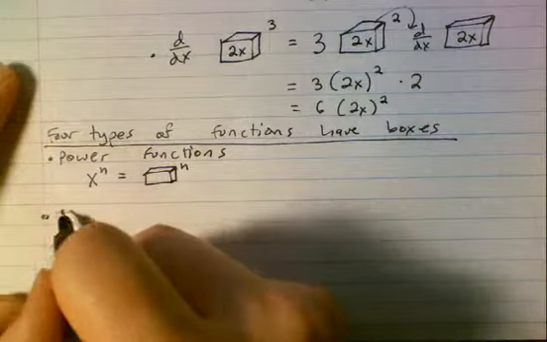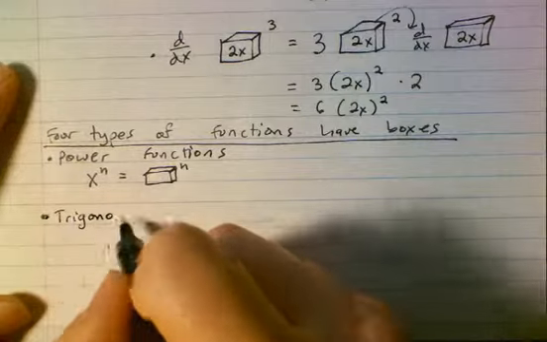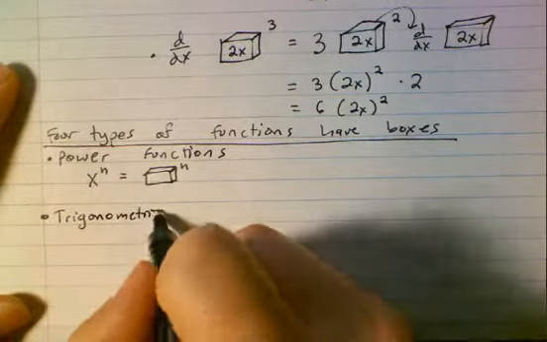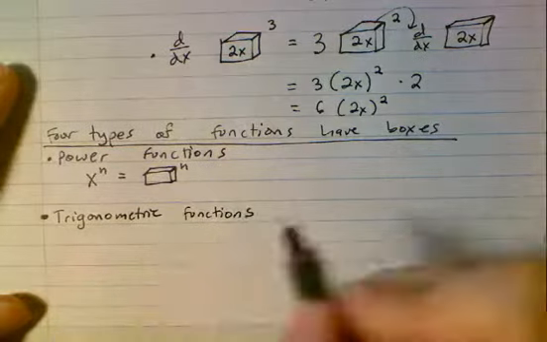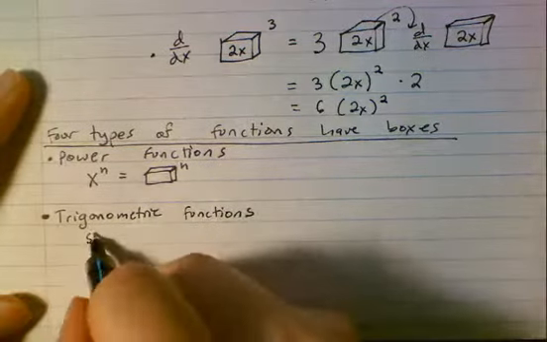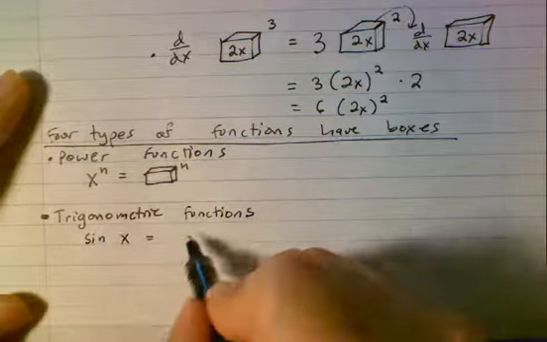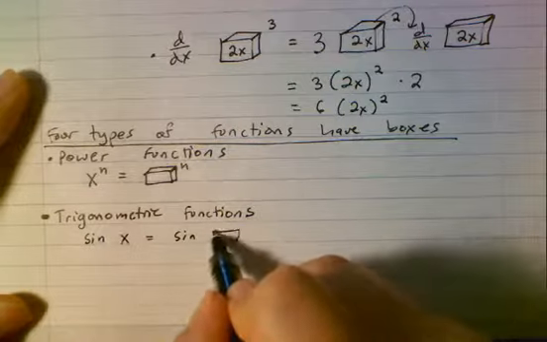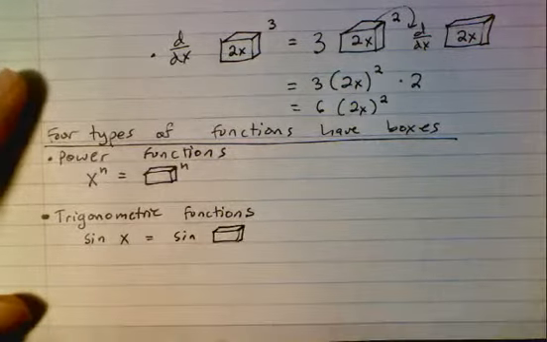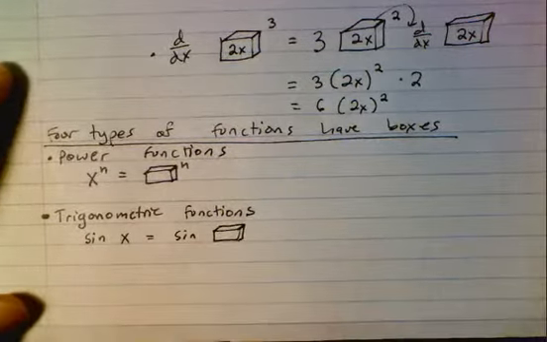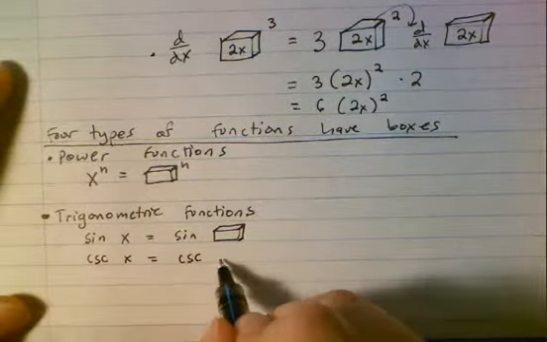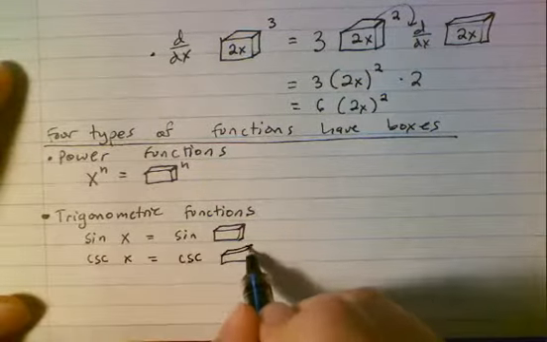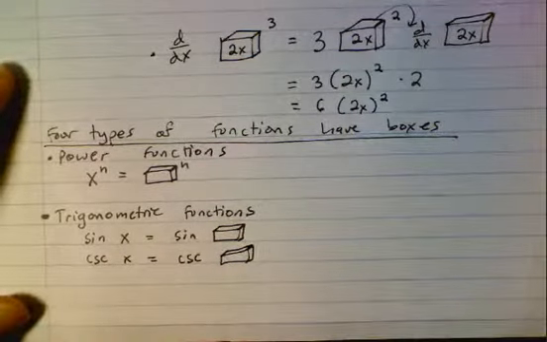Trigonometric functions, so for example, sine of x, that's sine of some box. Or if we had something like cosecant of x, that'd be cosecant of something in a box.